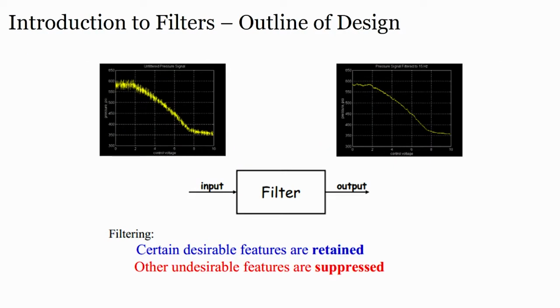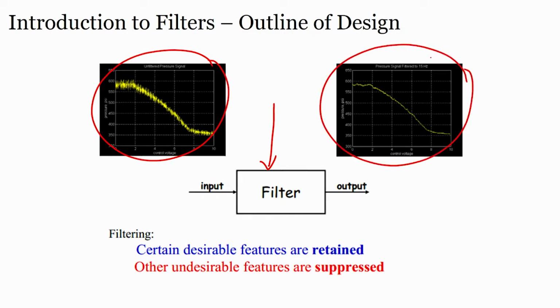Now if you see here, if I use a filter on my input signal, I can remove the unwanted signal, the noise, and get a better, filtered signal at the output.